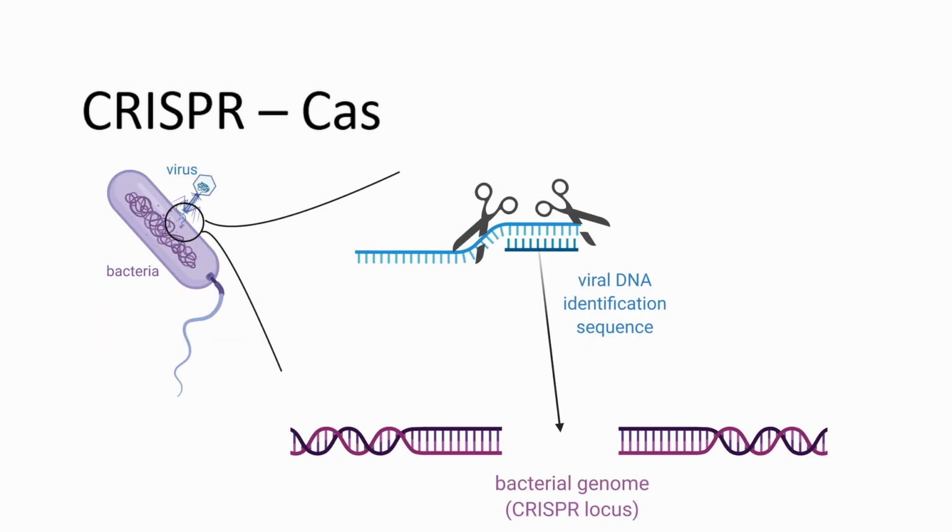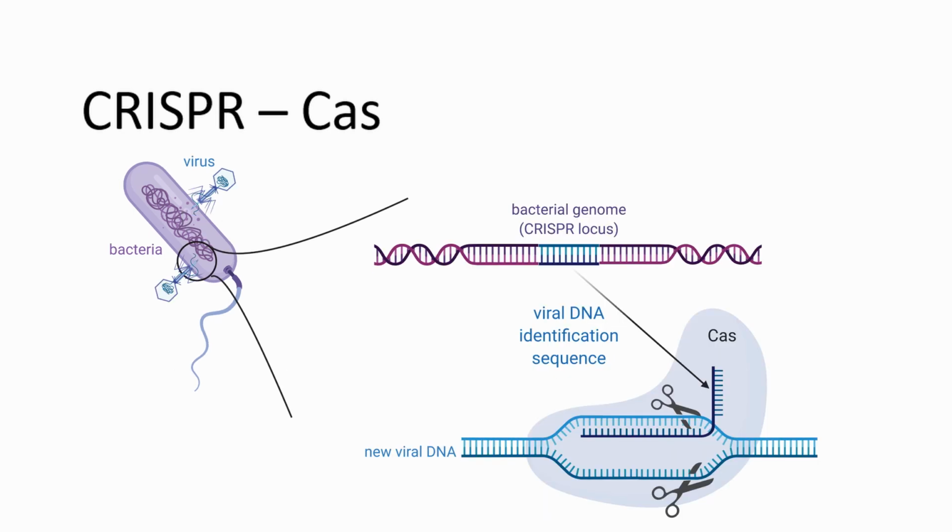Then the bacterium inserts a section of the viral DNA into a special area of its own genome that can be seen as a library of mugshots of hijackers that the cell uses to recognize the virus in the future in case it strikes again. If it does, the bacterium recognizes the virus and produces a personalized CRISPR system based on the mugshot to cut the hijackers into pieces. This way, the bacterium fights the viral DNA by breaking it apart.